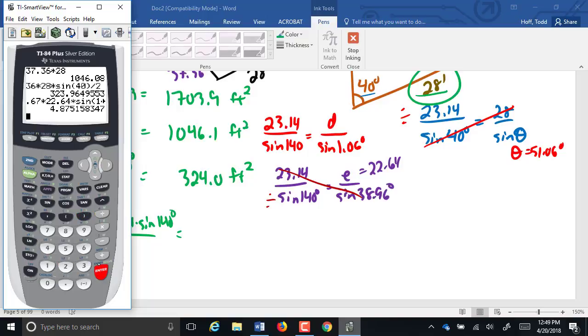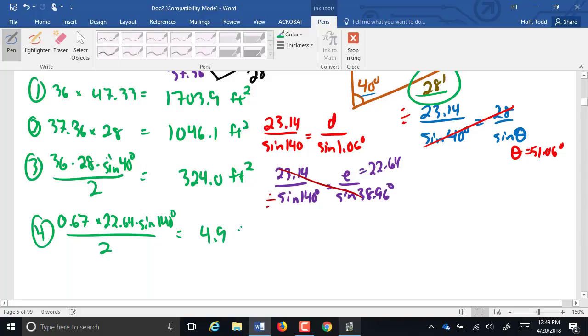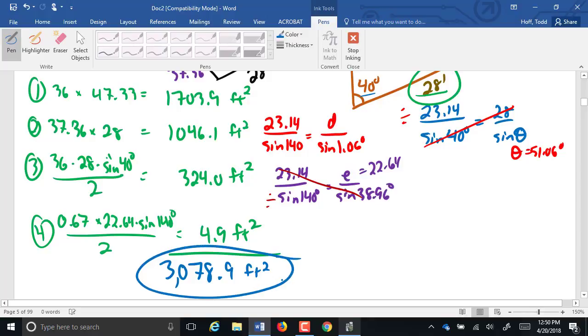Giving us 4.9 square feet. That's a skinny little triangle. So 3,078.9 square feet.